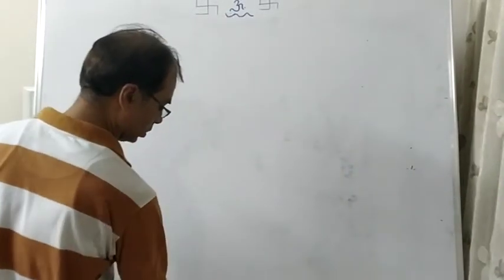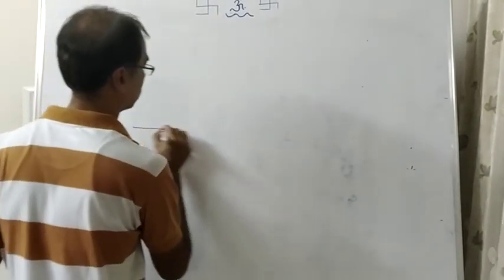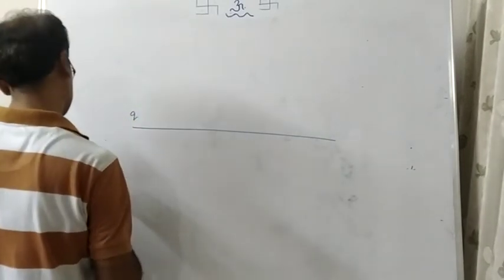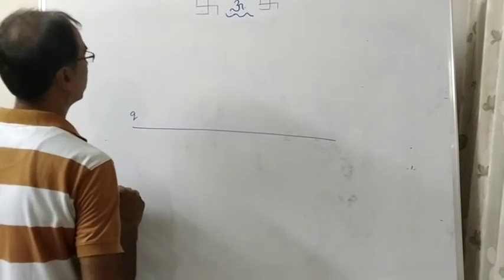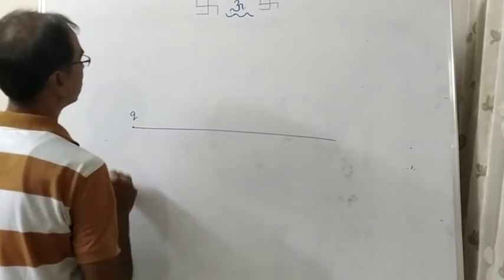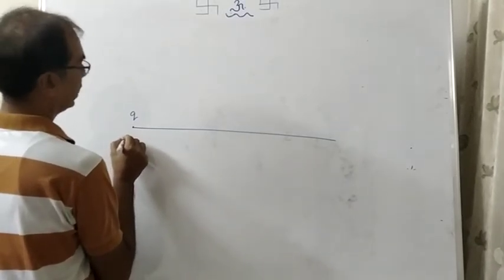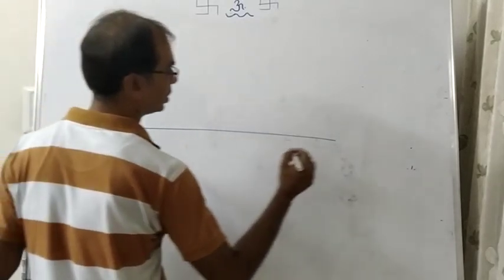Suppose that we have two charges. One is charge Q, which we are going to place at minus a comma 0.